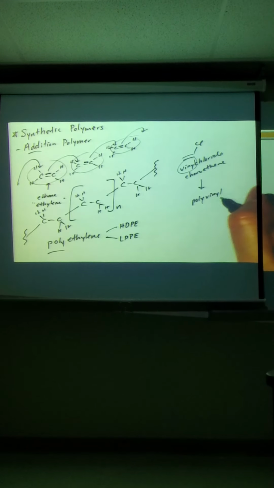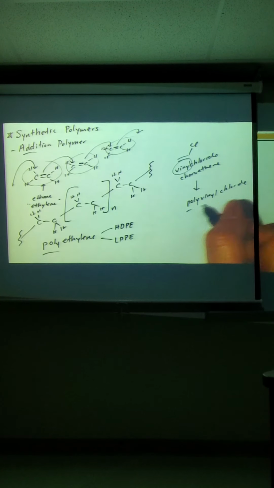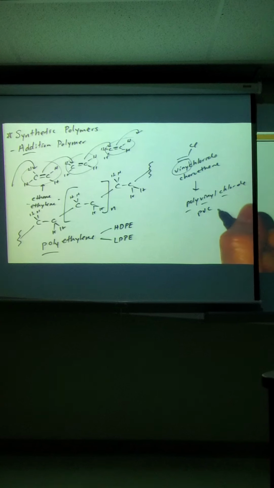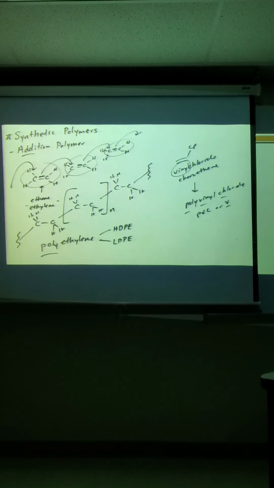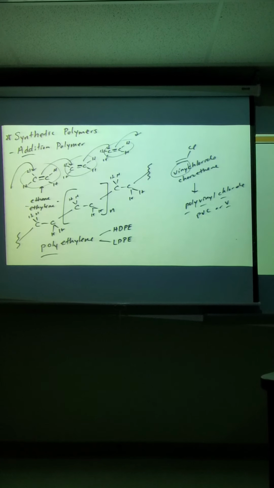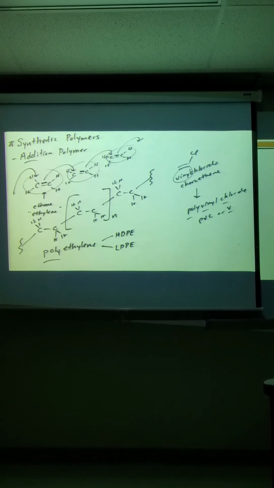In polymer form, this would be polyvinyl chloride. Most people would recognize this as PVC, or just V for vinyl. So vinyl records, that kind of idea. Vinyl rain jackets or tarps. A lot of saran wrap is made out of polyvinyl chloride as well.